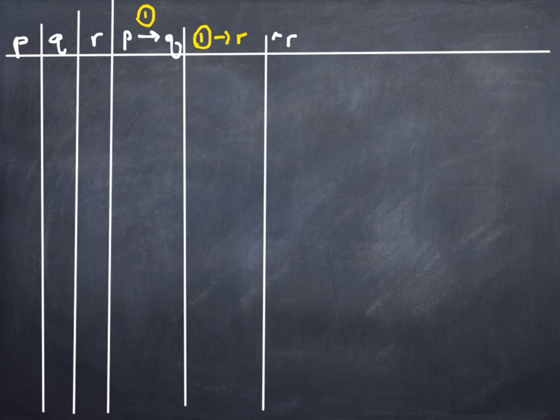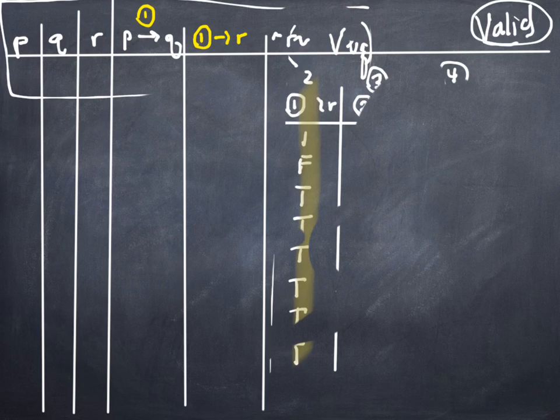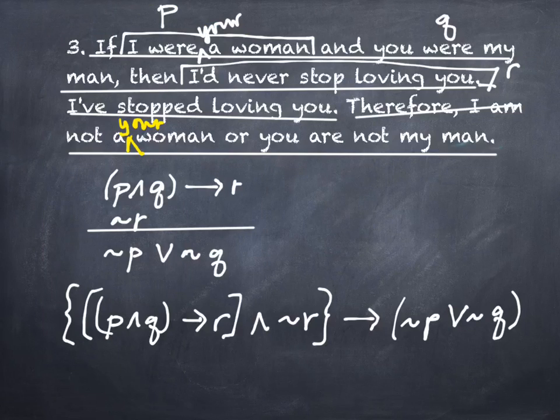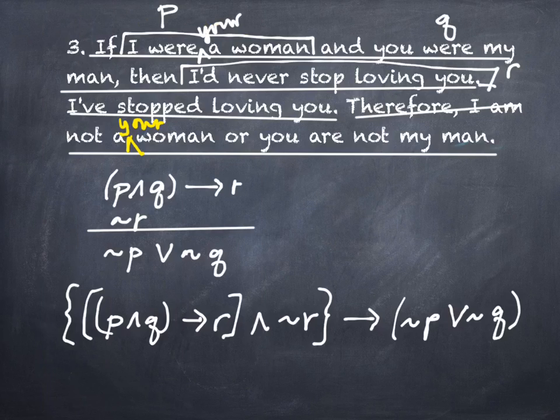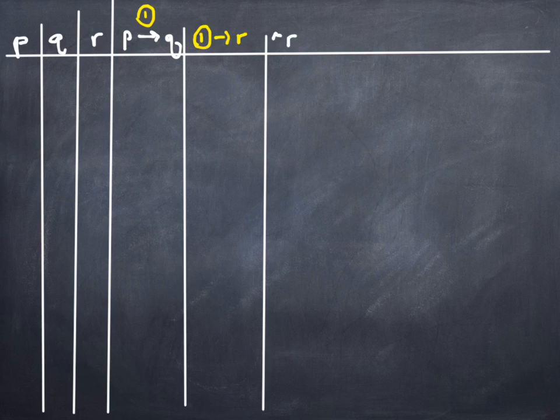Is number 1 supposed to be implied or and, or is it the same thing? I'm sorry, what was your question? Is number 1 supposed to be implied, like on the truth table? Number 1, is it supposed to be P and Q or P implied Q? Oh, did I write something wrong? I did write something wrong. It was an and, wasn't it? Thank you. Let me fix it. Good catch.